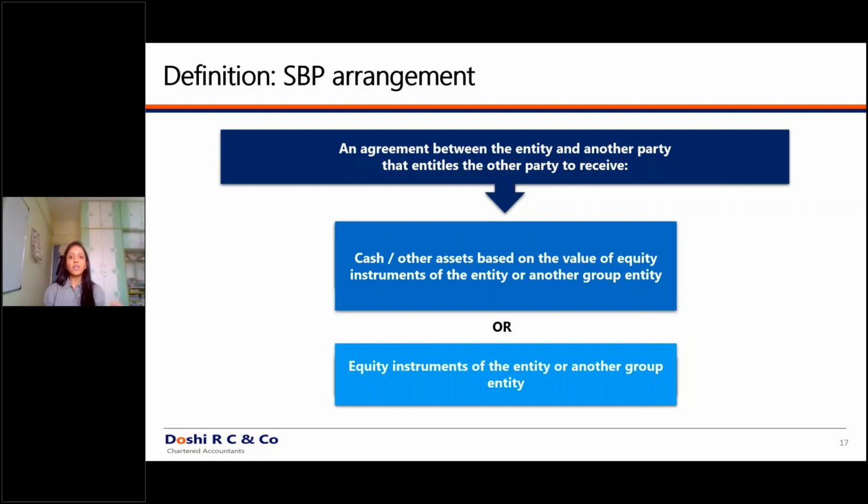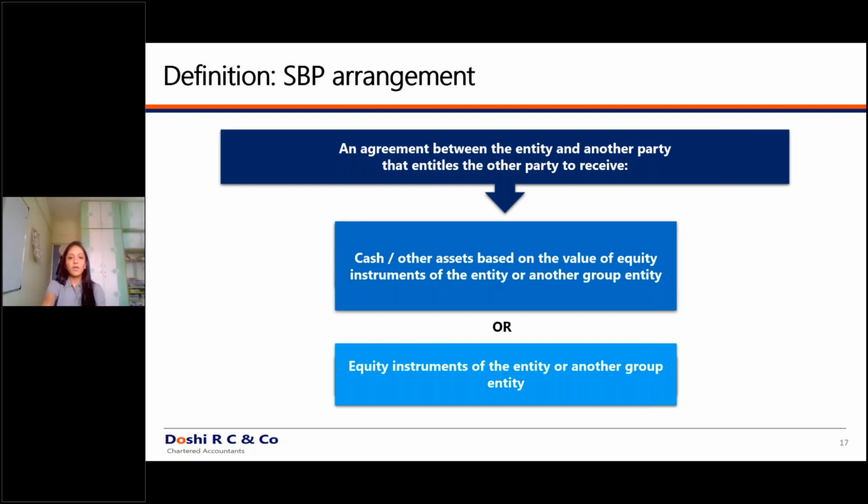Now, when I give the shares of Tata Motors as an option to my employees, the employees will be more motivated because they know the value of Tata Motors on a day-to-day basis. It is a listed company. So even if I am issuing the option to subscribe to the shares of any other entity from the group, it is also a share-based payment, and even the accounting for such share-based payment will fall under this standard.